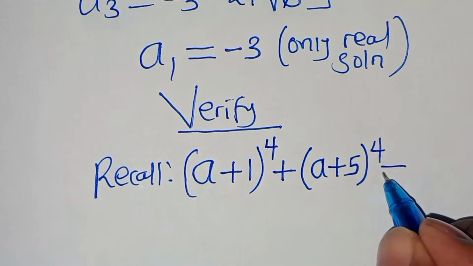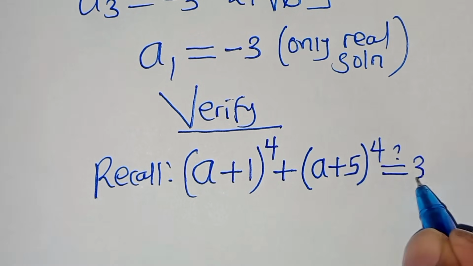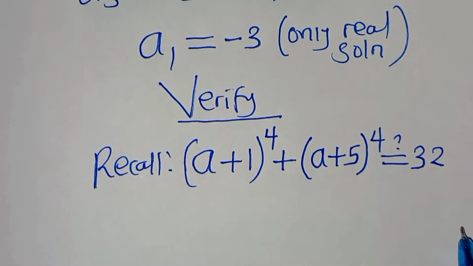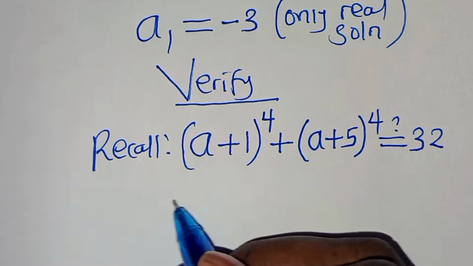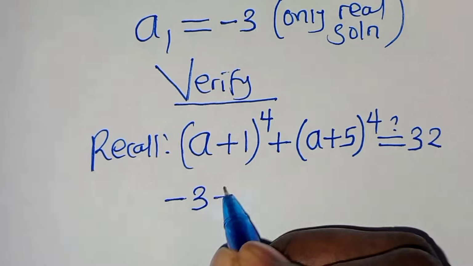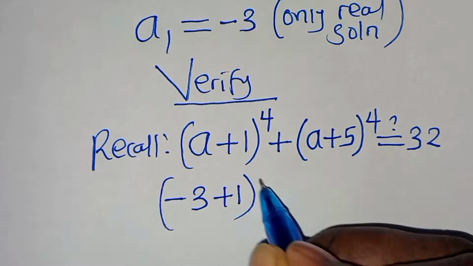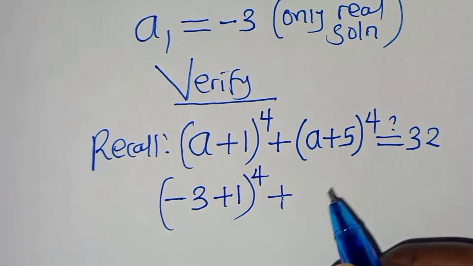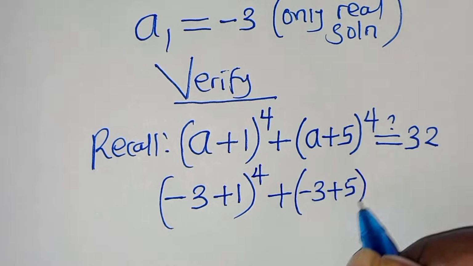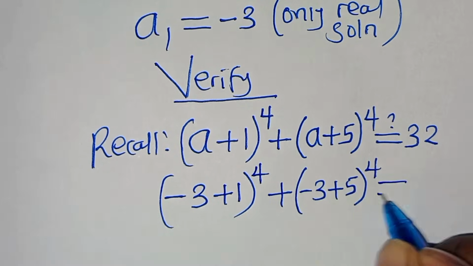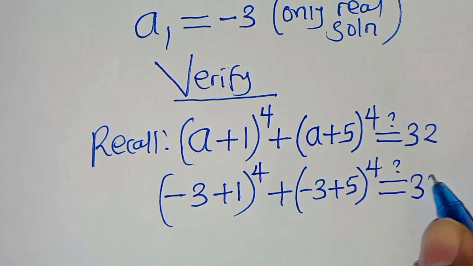This should give us a value of 32. So we have that a is equal to minus 3. So we have minus 3 plus 1 raised to the power of 4, then plus minus 3 plus 5 raised to the power of 4. This should give us a value of 32.